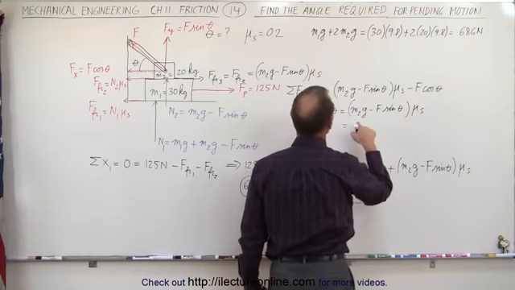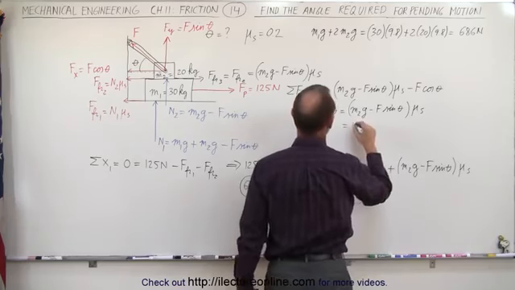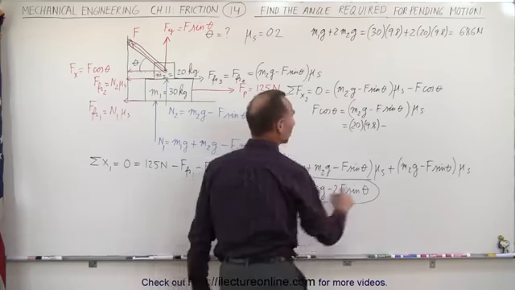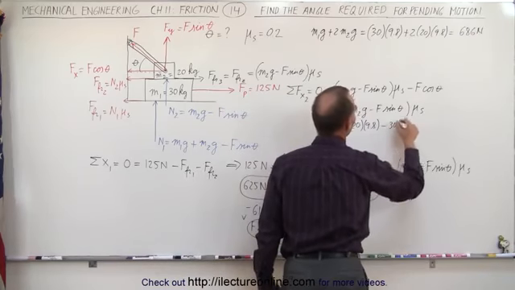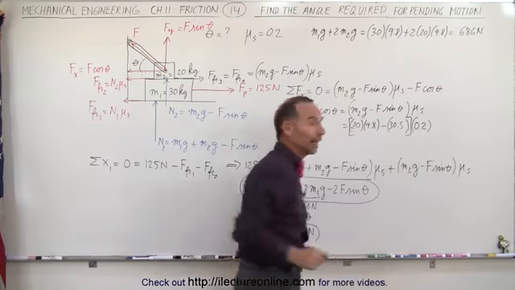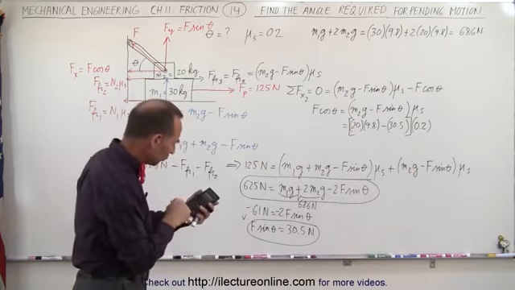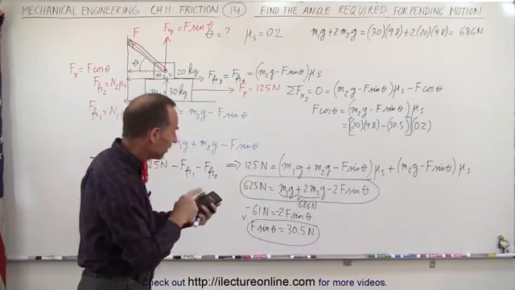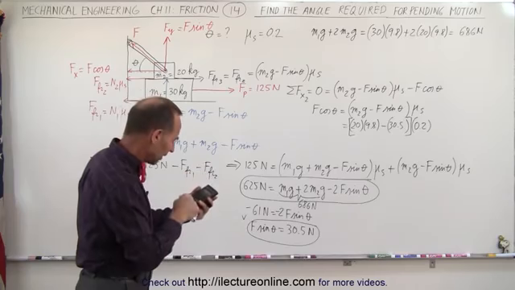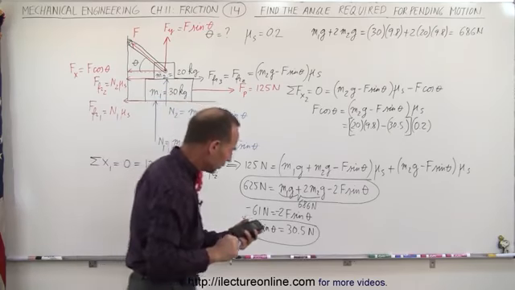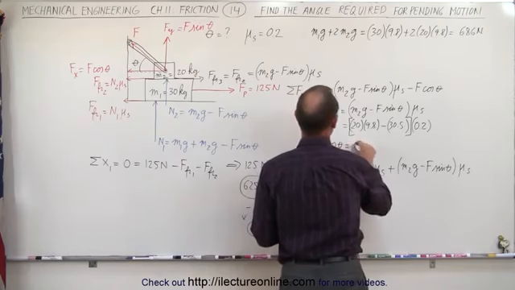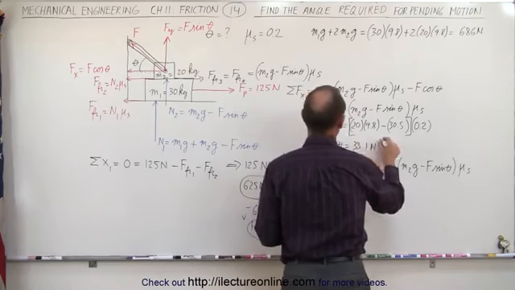This is equal to m2g, which is 20 times 9.8, minus 30.5, and the whole thing multiplied times 0.2, which is the coefficient of static friction. So 20 times 9.8, subtract 30.5, and multiply that times 0.2. That gives me 33.1. So f cosine theta equals 33.1 newtons.